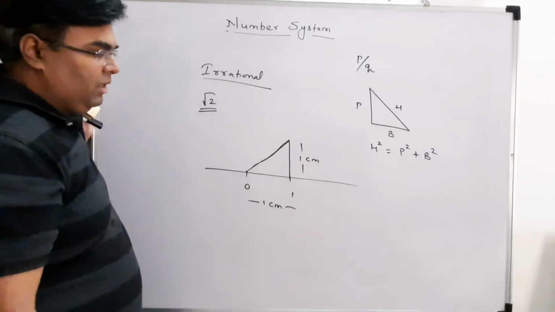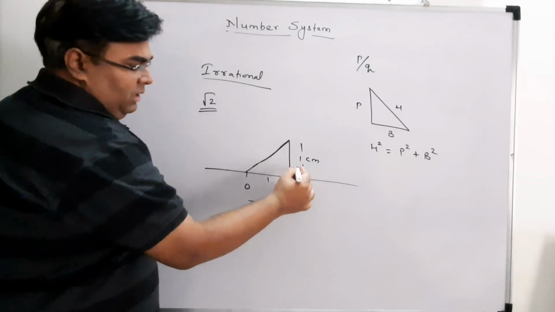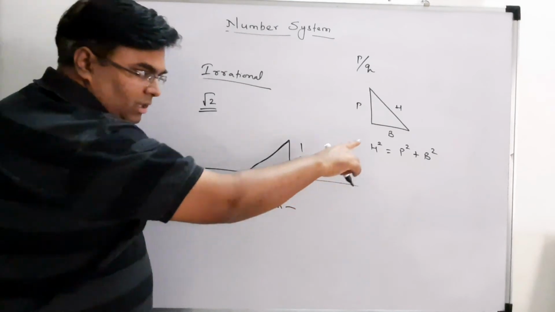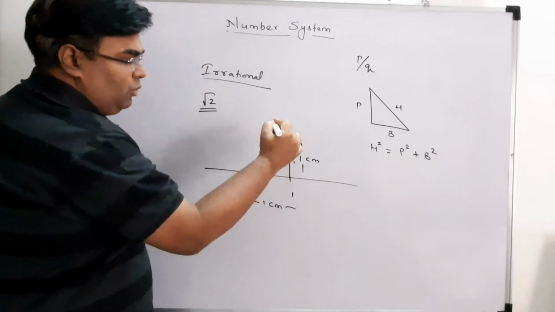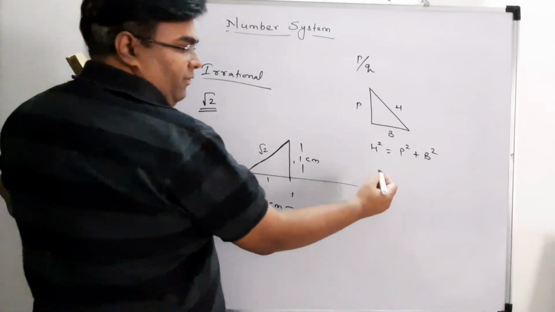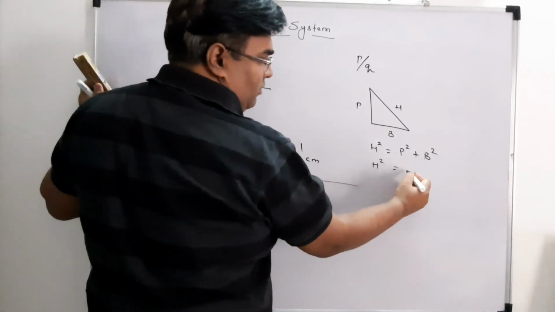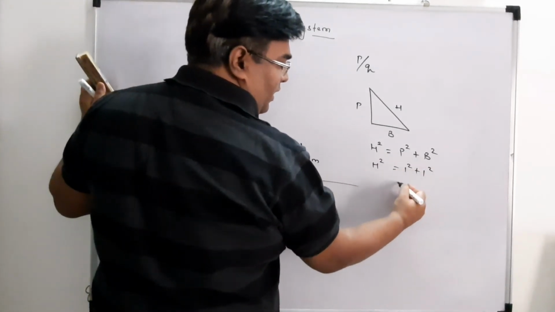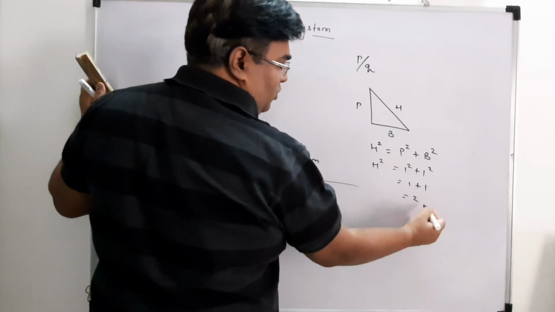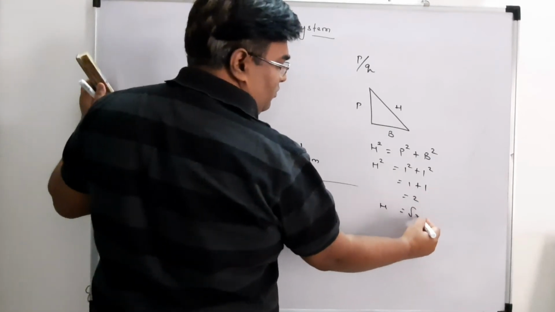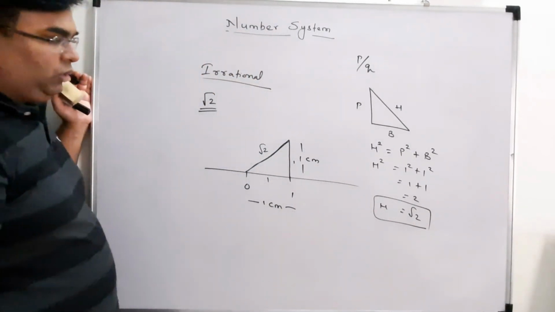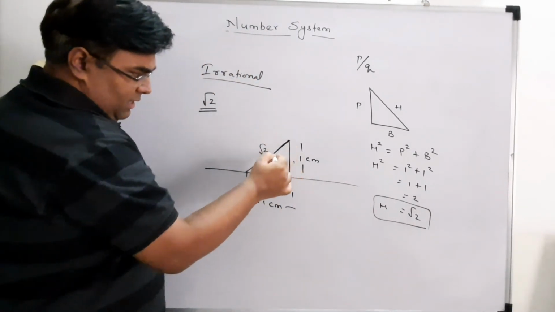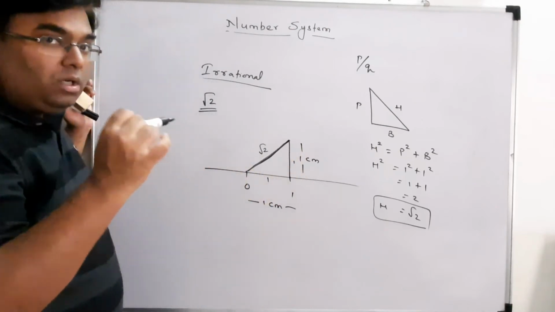this. So if this is 1, this is 1, by Pythagoras theorem this will be root 2. We can find out h square is equal to 1 square plus 1 square, which is 1 plus 1, which is 2. So h is equal to root 2. Correct? So this length is basically root 2.